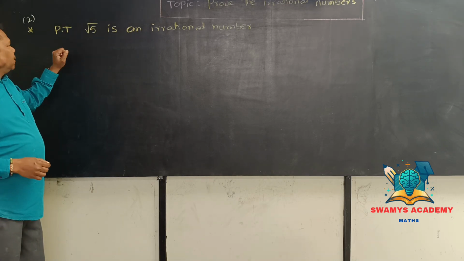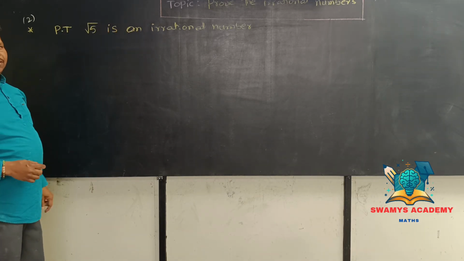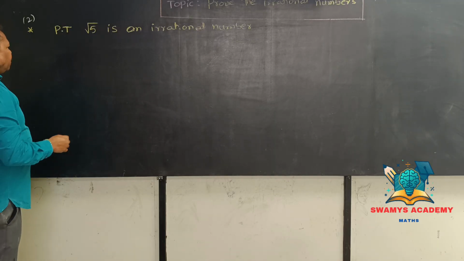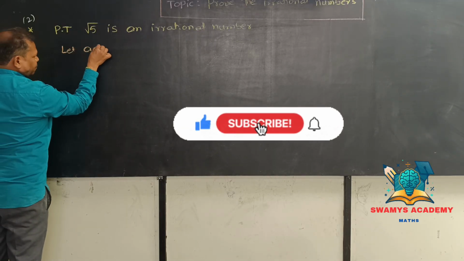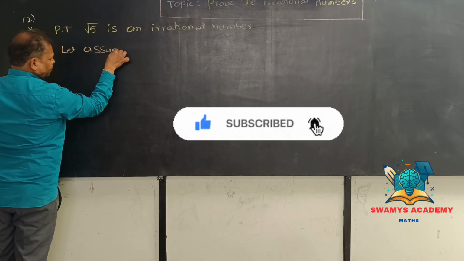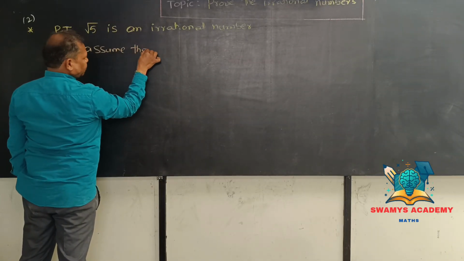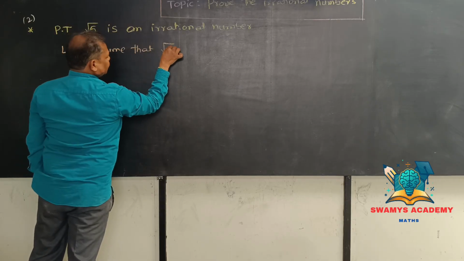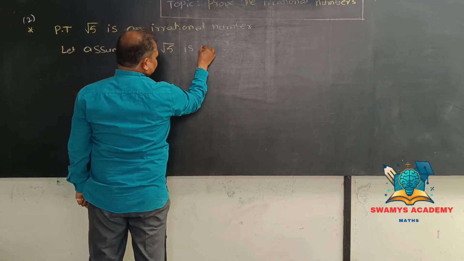So second question, prove that square root of 5 is an irrational number. So let's assume that square root of 5 is a rational number.